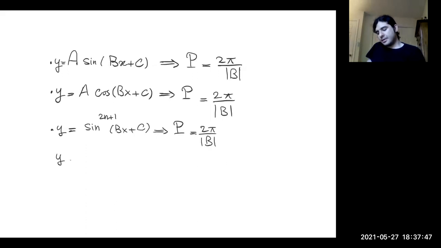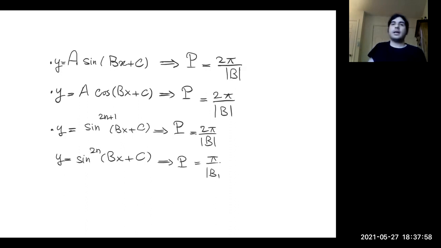But if we raise that to some even number, the period becomes pi over the absolute value of b. We divide 2 pi by 2. Also, for example, the absolute value of sine of bx plus c has the same property.